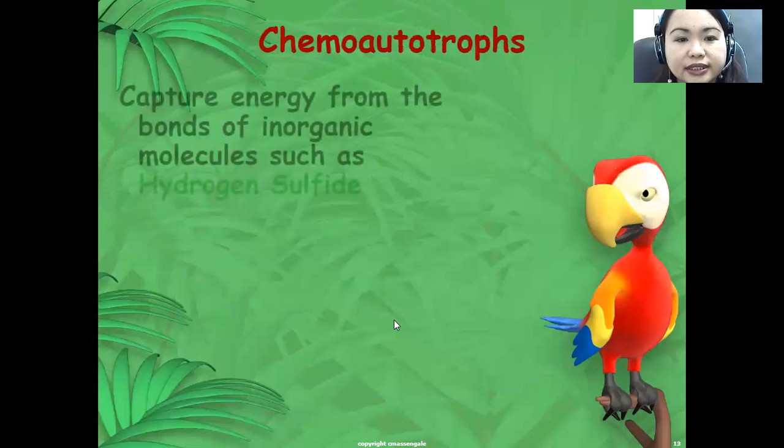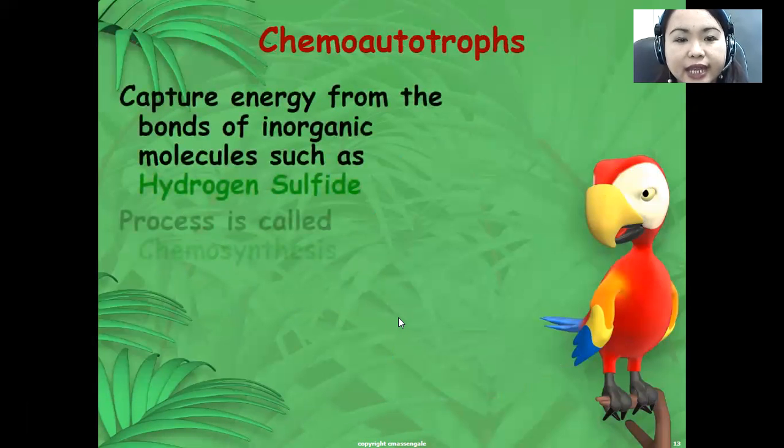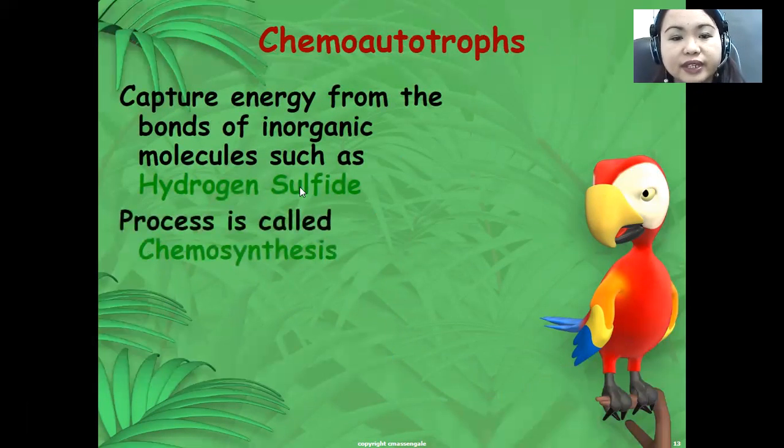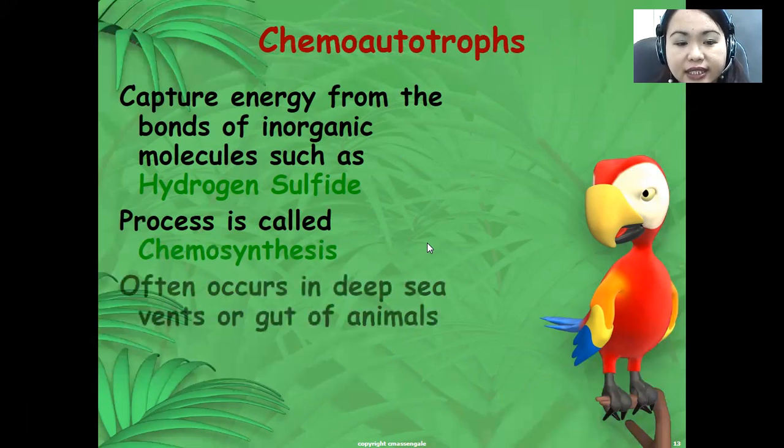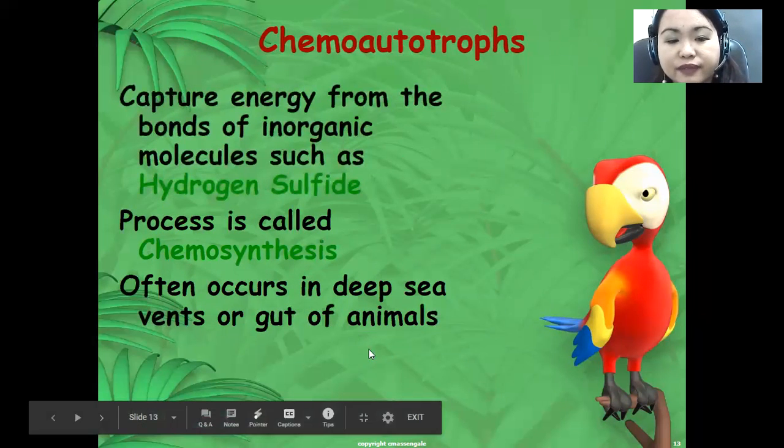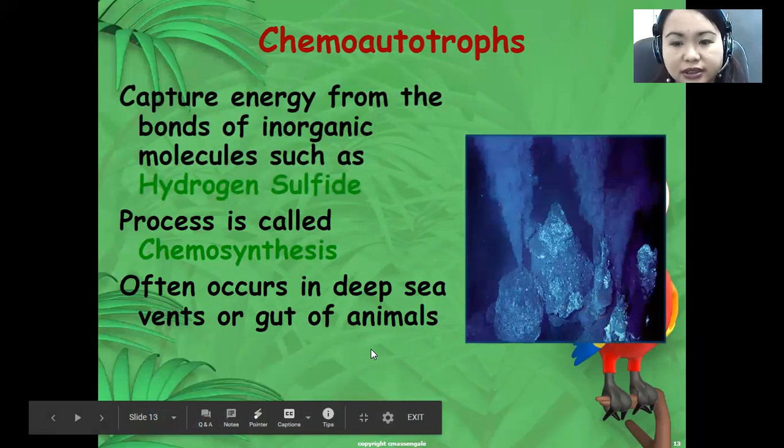Next are chemoautotrophs. They capture energy from the bonds of inorganic molecules such as hydrogen sulfide, in a process called chemosynthesis, and it often occurs in deep sea vents or the gut of animals, as shown in the photo.